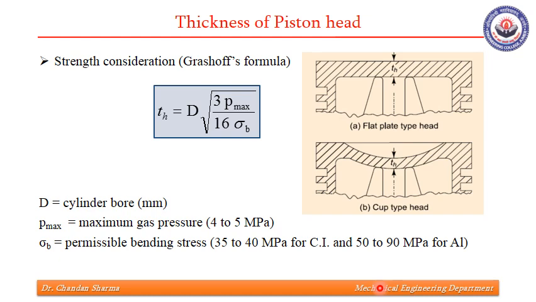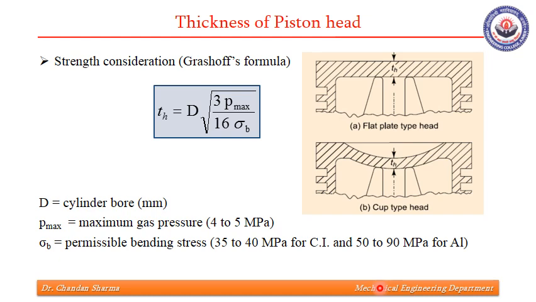The one is strain consideration and the other is heat dissipation consideration. We need to find the thickness of piston head from both the considerations, and the consideration that gives us higher value is being used as the thickness of piston.